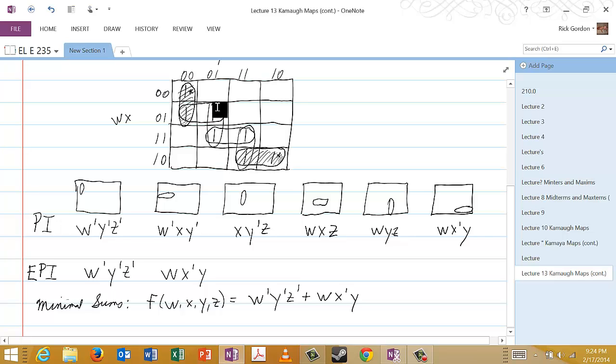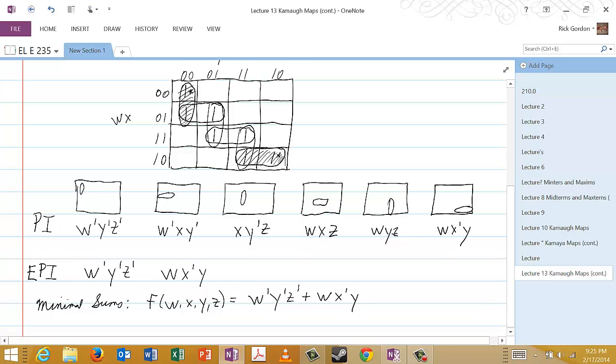And again, that first option that I discussed was using this one and this one. Another option would be to use this one and this one. And another option would be to use this one and this one. So we have several options here, and I want to make sure that you see all of those.